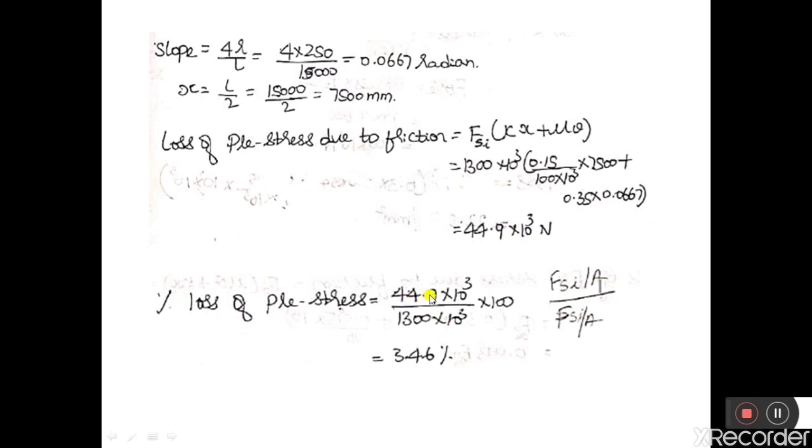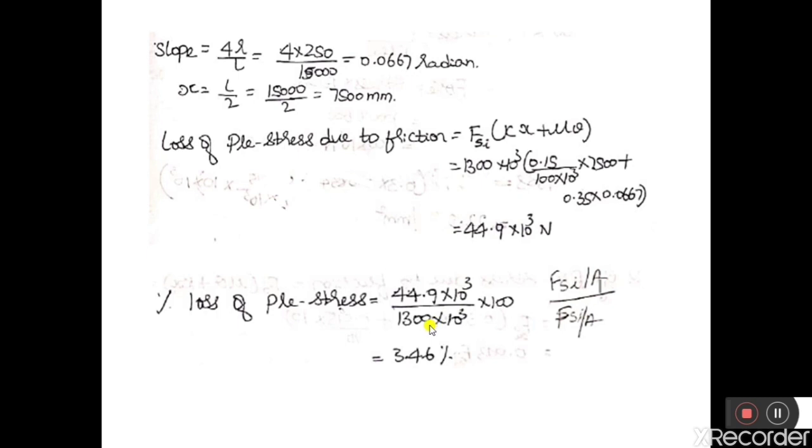We can write total loss of pre-stress divided by initial pre-stress. So we know that total loss of pre-stress due to friction is equal to 44.9 into 10 to the power of 3 divided by A, and initial pre-stress.